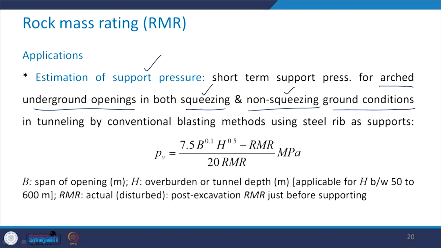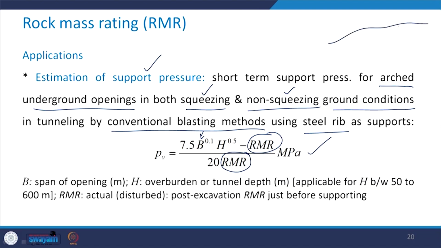So, if there is squeezing and non-squeezing ground condition in tunneling and the conventional blasting methods are used and steel ribs are used as the support, then this expression gives you the idea about the estimation of the support pressure. Here you can see that the RMR comes into picture, and B is the span of the opening in meter and H is the overburden or the tunnel depth.